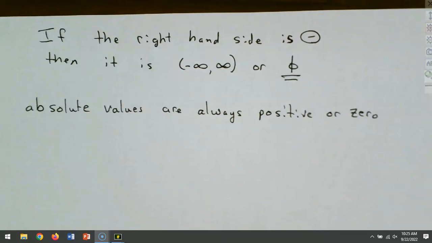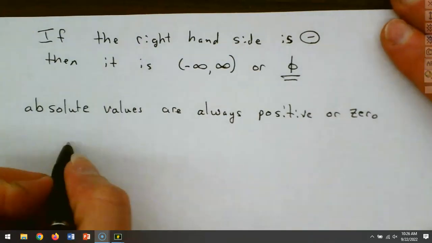Because what's the absolute value of a negative 8? Can someone tell me? Positive 8, right? Positive number. What's the absolute value of 2? Positive 2. How can it be 0? Well, what's the absolute value of 0? 0 itself, right? So absolute values are always either going to give you out positive values or 0.